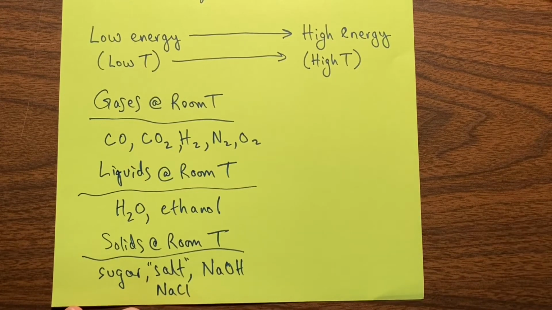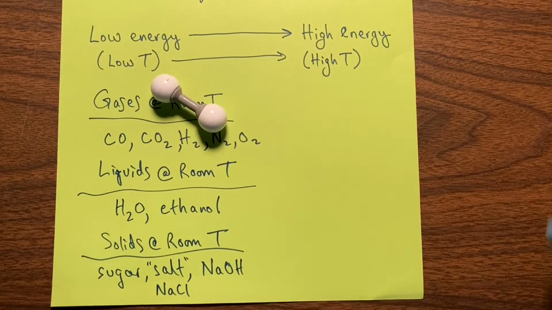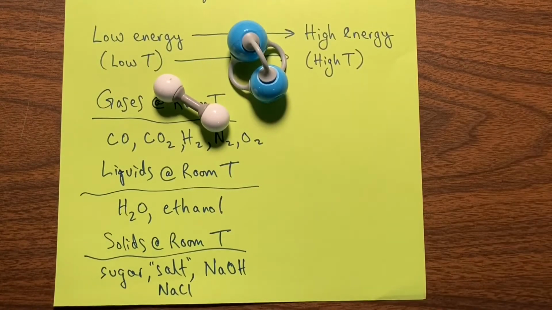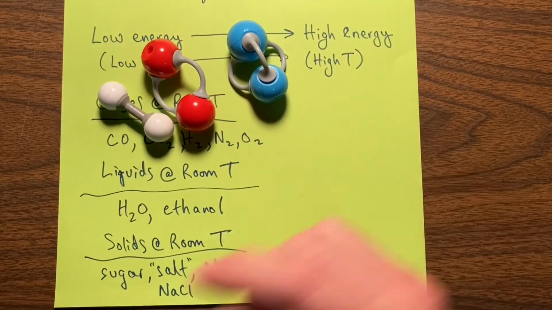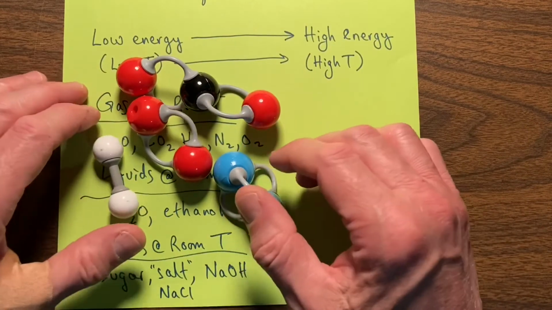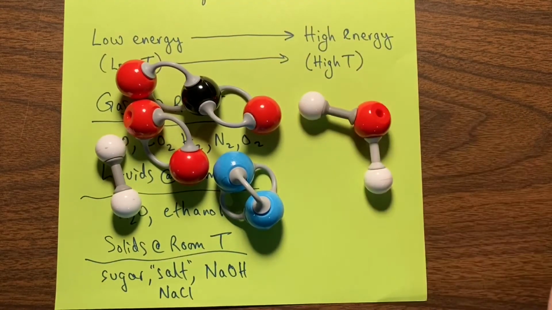So remember I had those models out earlier, like this represents hydrogen, that's a gas at room temperature. This is nitrogen, that's a gas at room temperature. This is oxygen, that's a gas at room temperature. This is carbon dioxide. These are all gases at room temperature. But water is a liquid at room temperature.